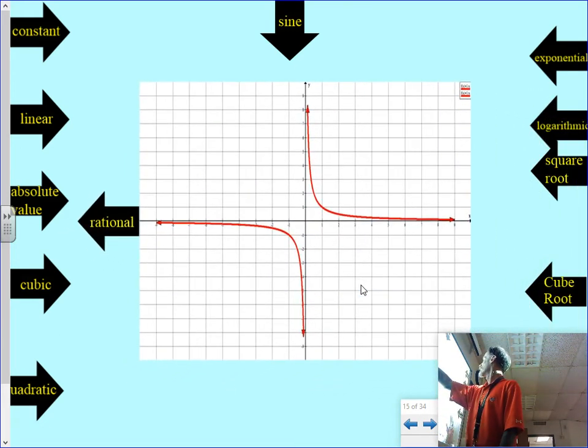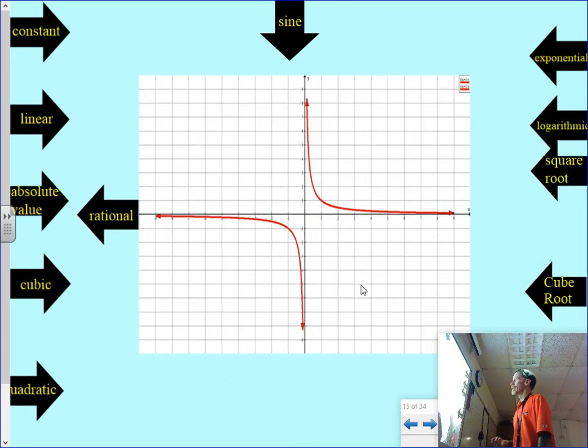And that was that guy. And this one is interesting because it has no intercepts. At least the parent function doesn't, but it does have two asymptotes.